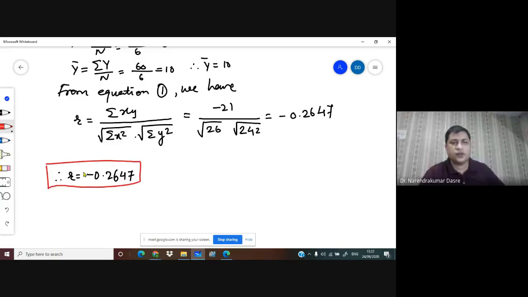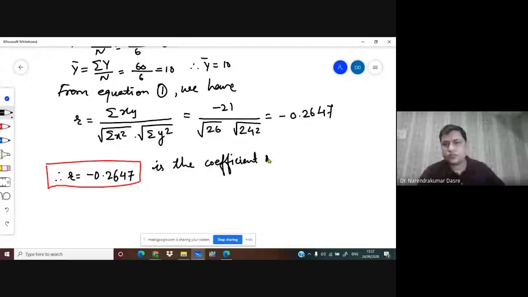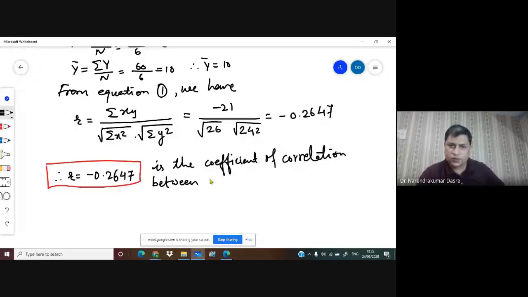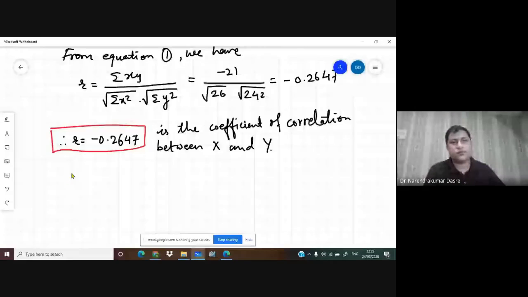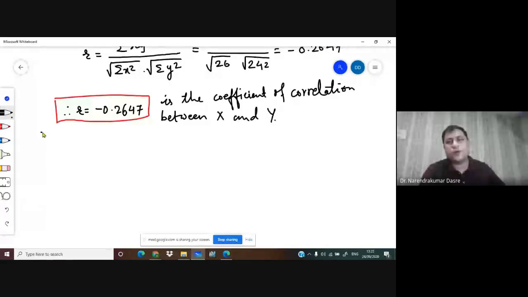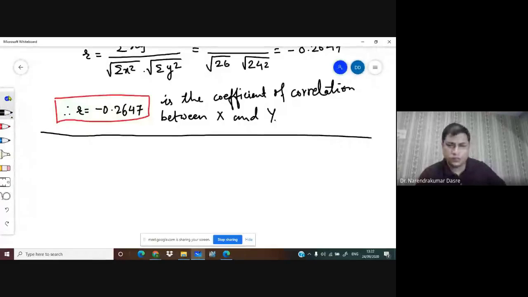So you got the value here, which is the coefficient of correlation between X and Y. So that's what we have. And now I hope all of you have got this value. Do you have any doubt in this example?